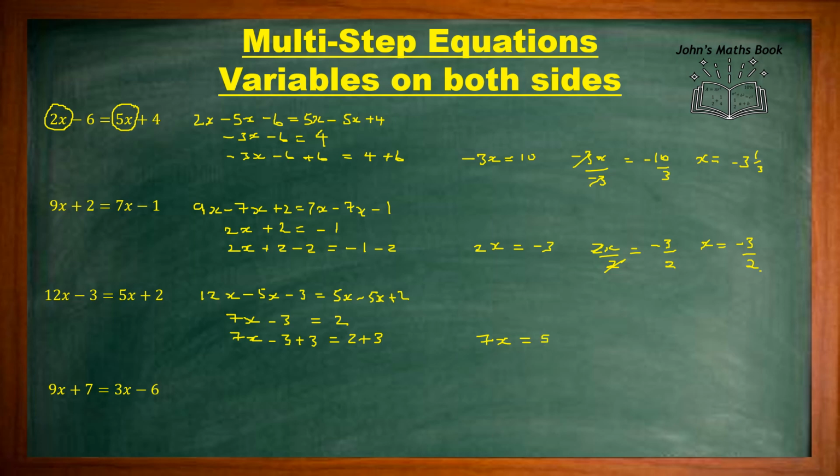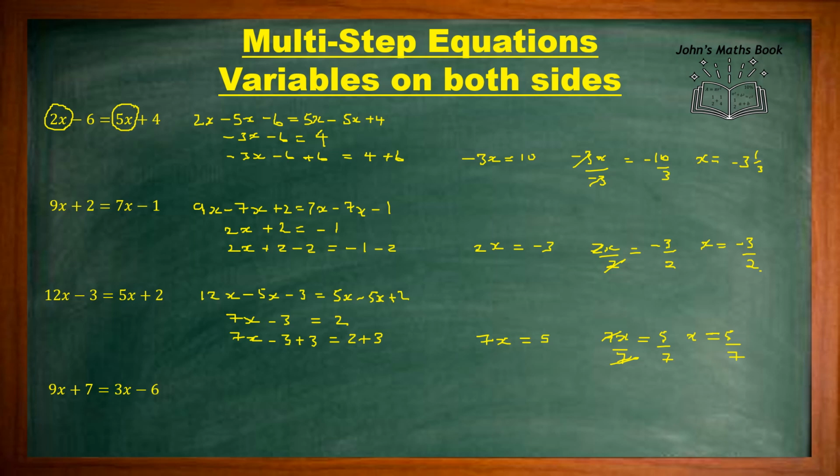We now need to divide both sides by 7 to isolate the x variable and solve for x. So 7x divided by 7 is equal to 5 divided by 7. The 7's cancel out, and x in this case is equal to 5 divided by 7.